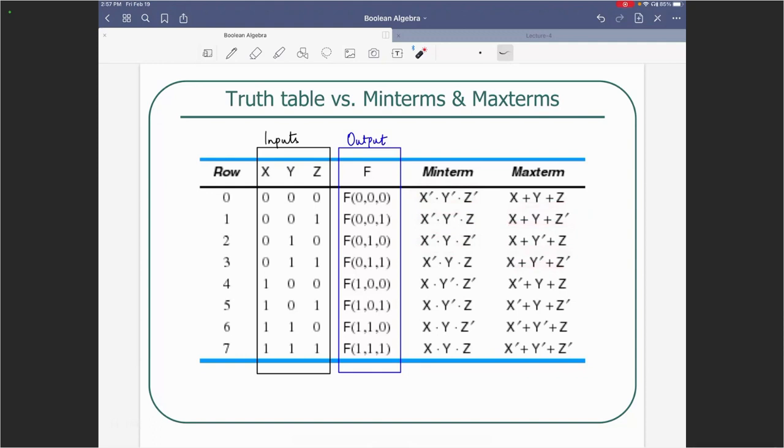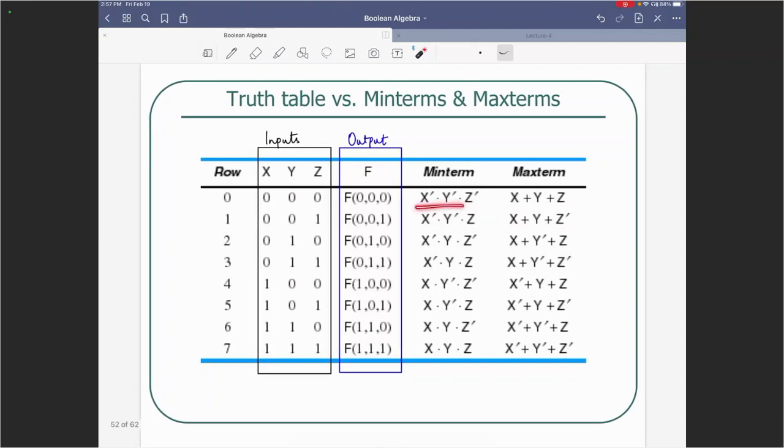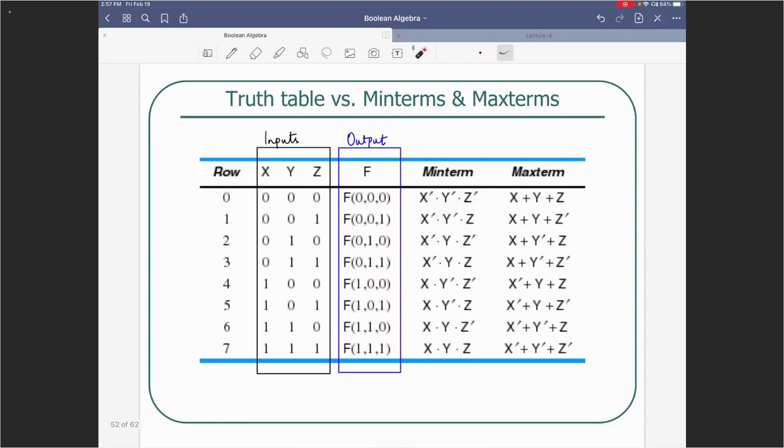Why should I write X complement and Y complement and Z complement when I can simply say this is min term number 0? Why should I say X or Y or Z when I can simply say max term number 0, right? So compact representation requires identifying each entry here with a row number. So this is your row number.